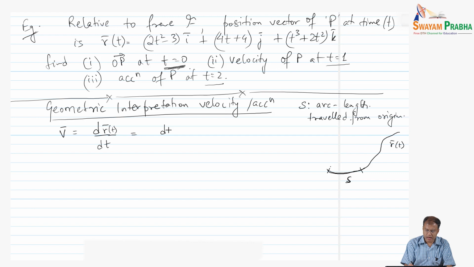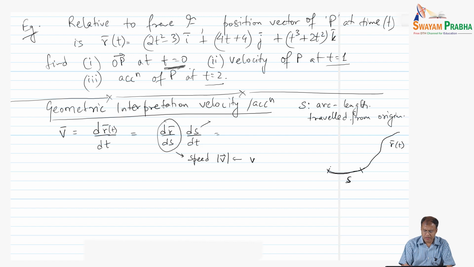What we have is that v is dr/ds by the chain rule times ds/dt. Notice that dr/ds is the rate of change of position along the arc length, and this is going to be the speed of the particle, the magnitude of the velocity, or simply v without any arrow.